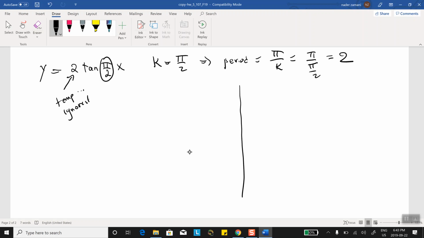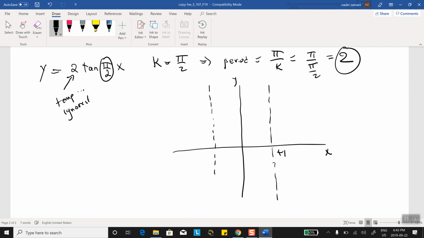In compliance with what we talked about a minute ago, we're going to plot this thing between +1 and -1. That gives you a period of 2. This is +1, and there's -1. And if we ignore the 2 in the front, we fit the tangent in this interval like that.